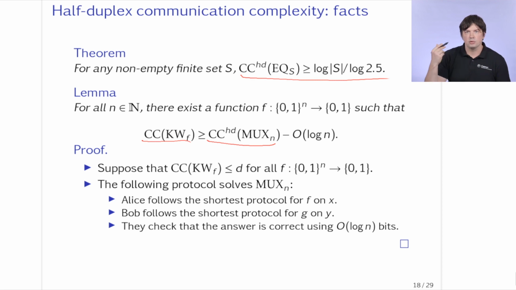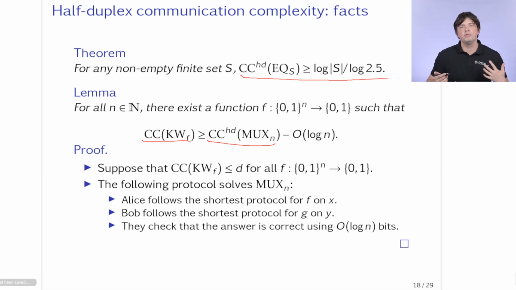Suppose that all functions were simple, then Alice and Bob can just start the best possible protocol for their function. Because in this world of half-duplex complexity, you can do whatever you want. You just both follow your own protocol, and then you verify the answer, or you report the error symbol.